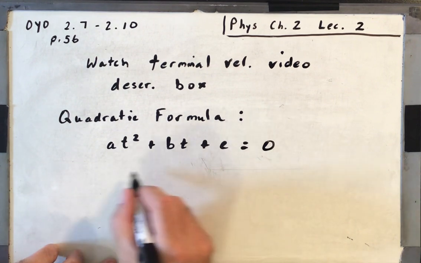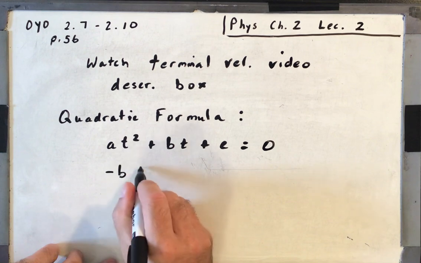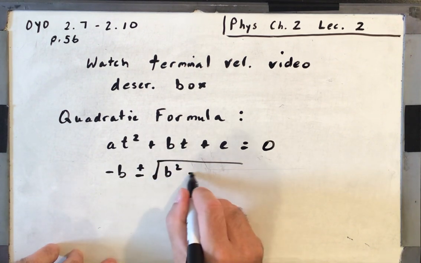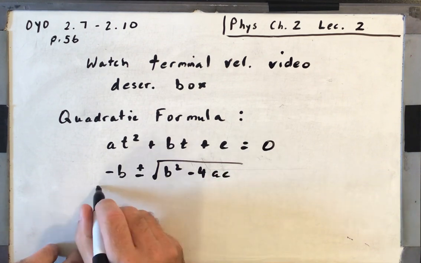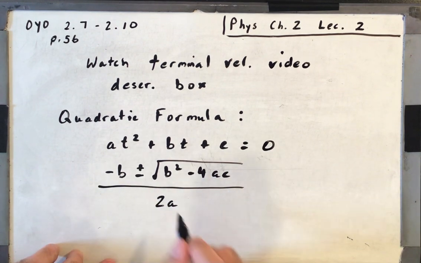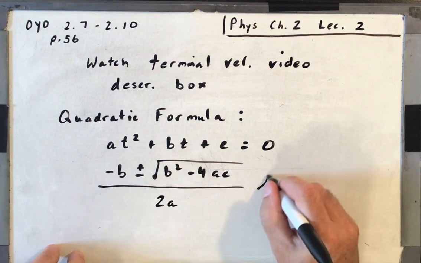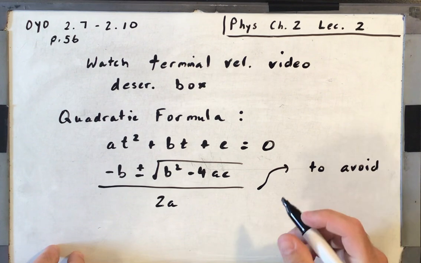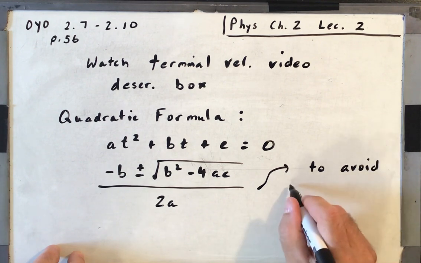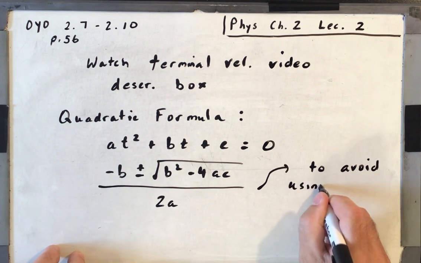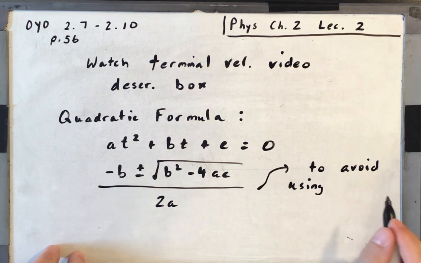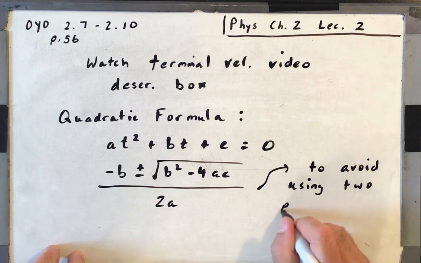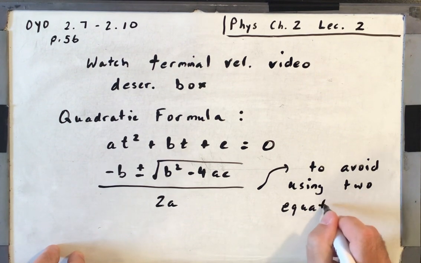And the quadratic, if you want to solve for time, you'd have negative b plus or minus the square root of b squared minus 4ac over 2a. You do not have to use it. But on some problems, and it may just be in the extra practice problems, you can avoid using 2 equations. So it makes the problem shorter.